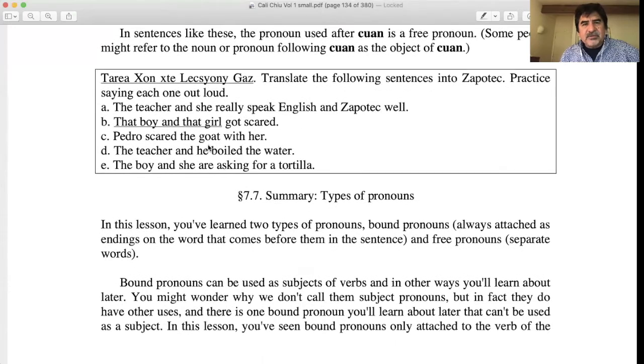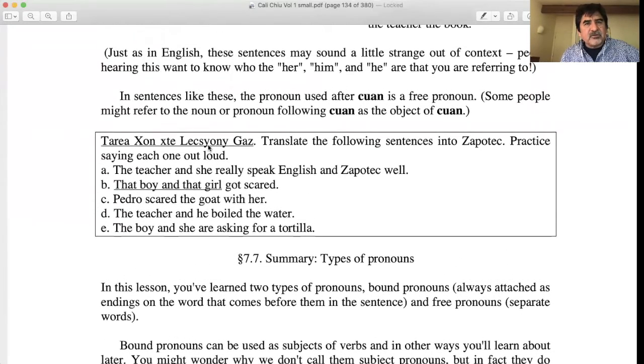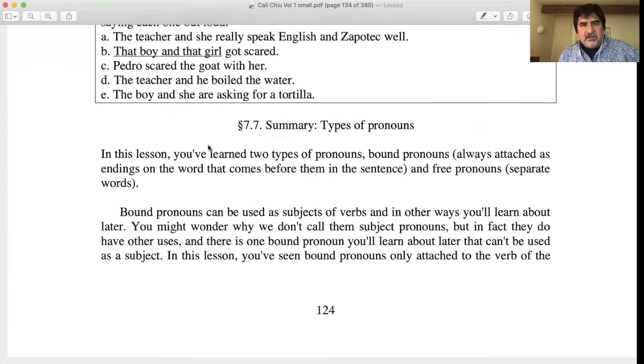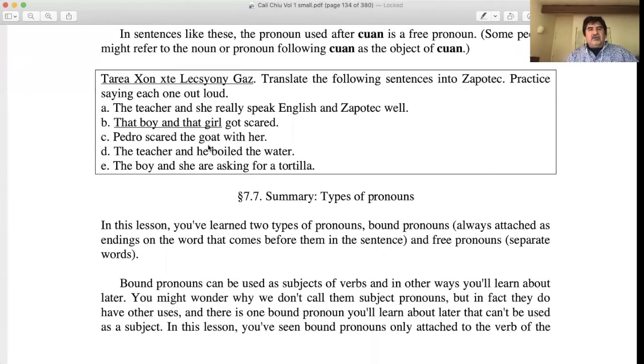So I hope that's clear. If not, you can always go back and remember that lang is the proximate, lie is the distal, and on the bound pronouns, the e to that ng is the proximate pronoun, and the I is the distal.